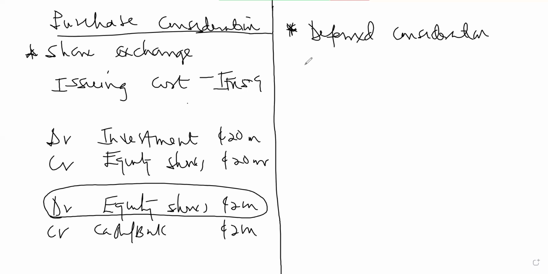the parent, instead of paying the consideration to the subsidiary's shareholders currently, won't do that, but rather goes into an agreement to pay it in, let's say, a year's or 2 years' or 3 years' time. Okay.